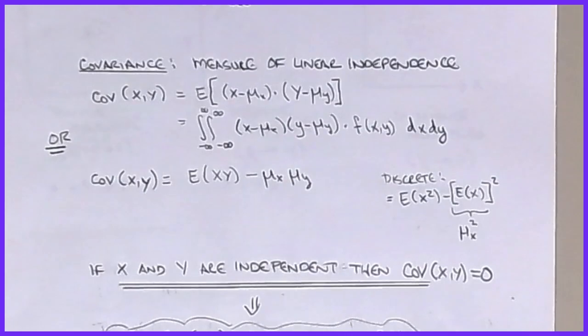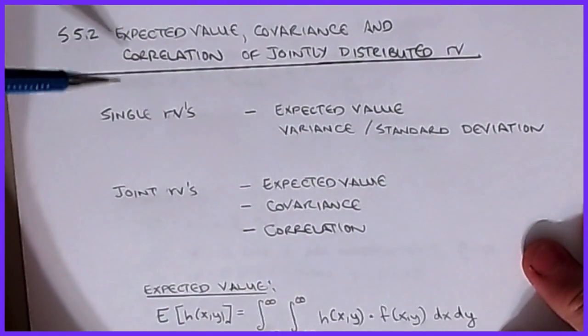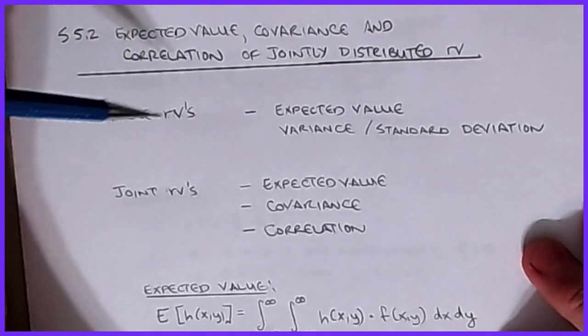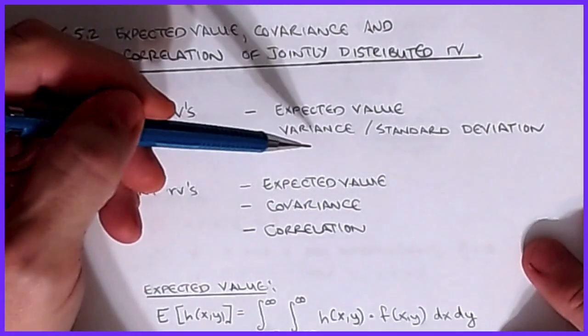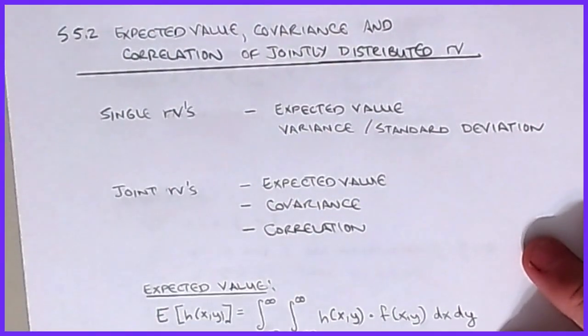All right, now, where joint distributions are different is in the area of expected value and the variance. When we had single random variables, when we were just dealing with x, all we had was an expected value and a variance or a standard deviation. These were the two defining parameters of your distribution.